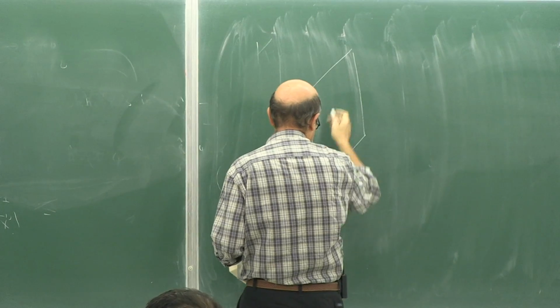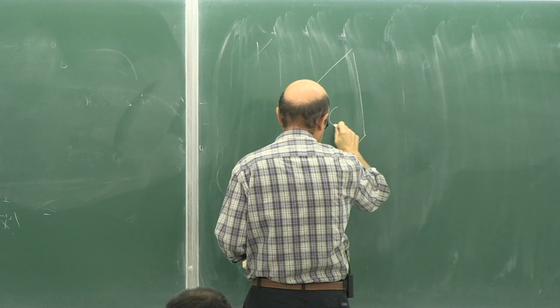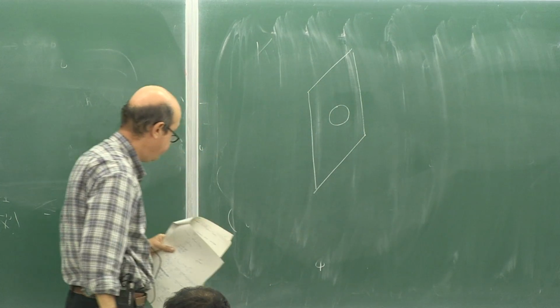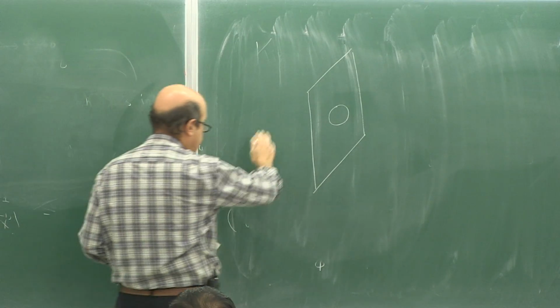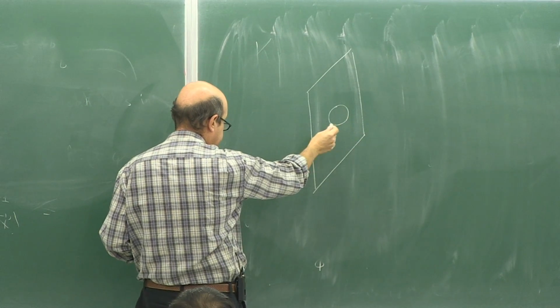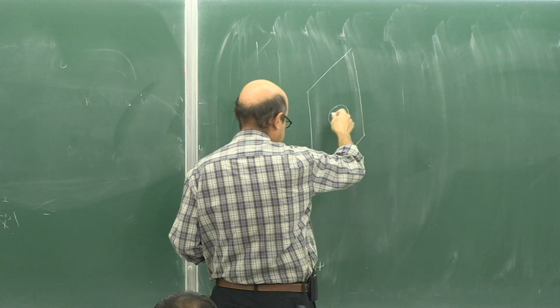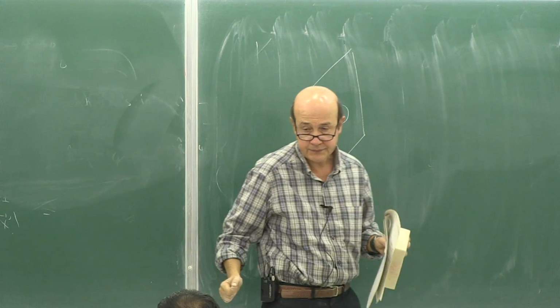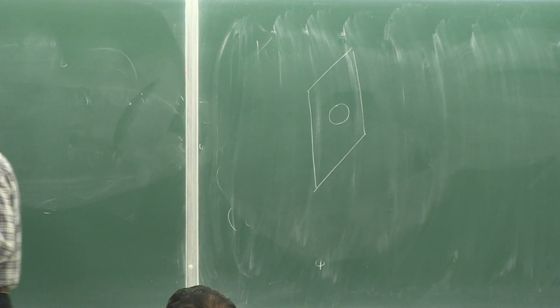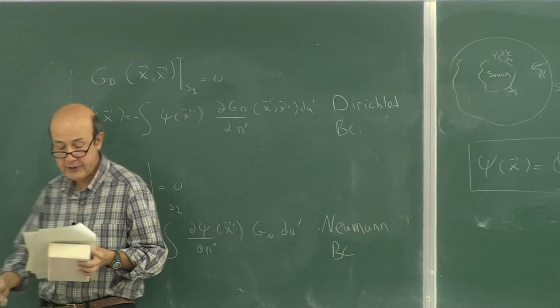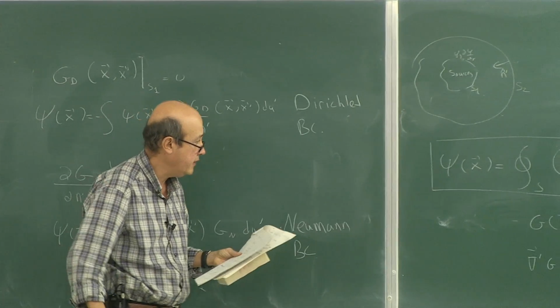Suppose that you have an infinite plane, a circular hole. Okay? So the plane is infinite, the electromagnetic waves will pass through that hole and that will diffract. So can we find Dirichlet or Newman-like boundary conditions for such a diffraction?